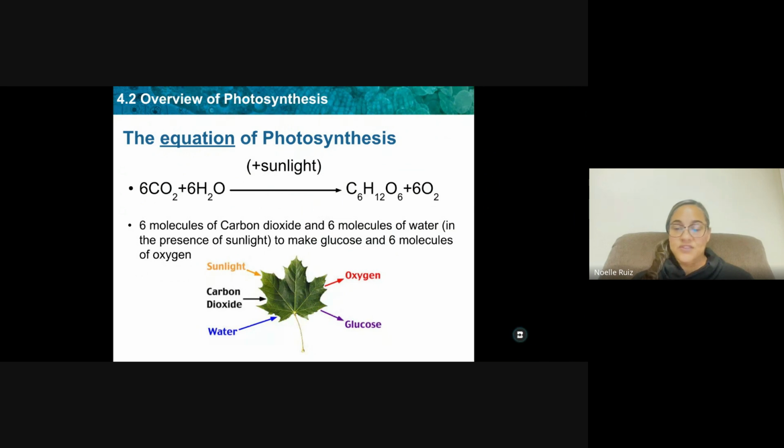So that is the equation of photosynthesis in just 3 different ways: the equation form, the written out word form, so you know what each of those mean, and then just the pretty picture form with the leaf, the sunlight, the carbon dioxide, and the water going in, and then the glucose and the oxygen coming out. Glucose is what they actually use for food, and then oxygen is the waste product that they just emit into the air.